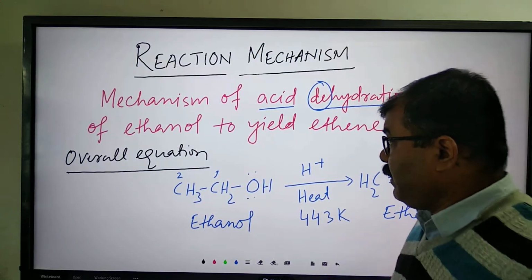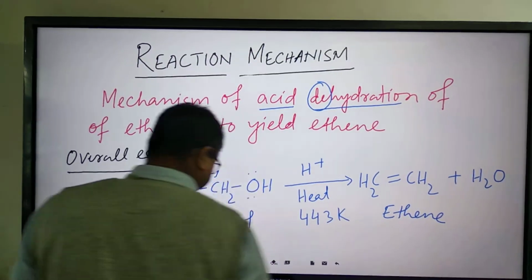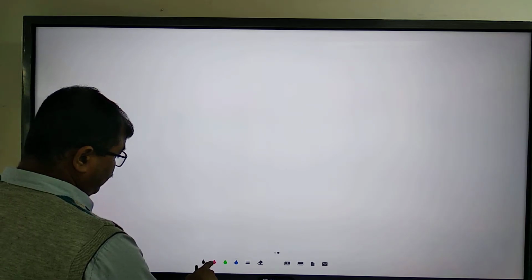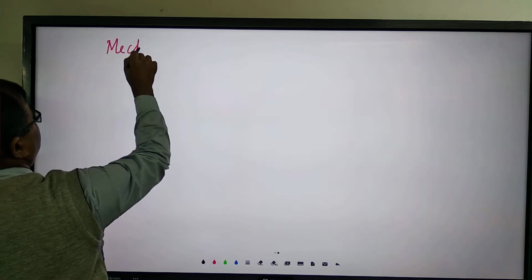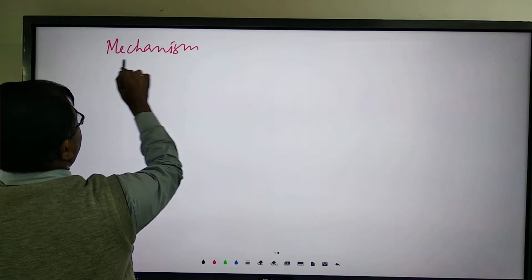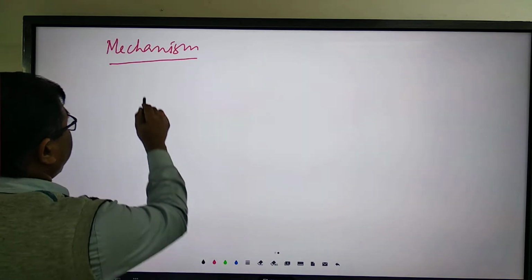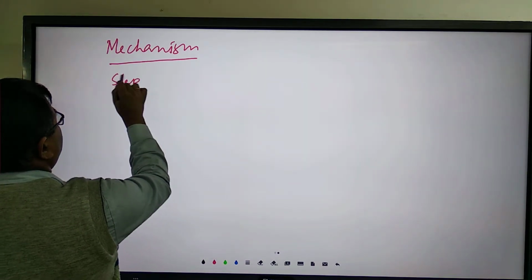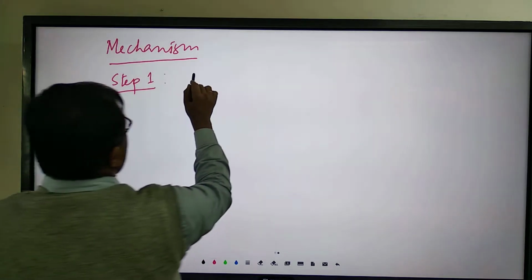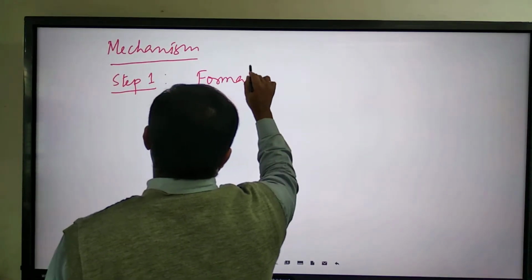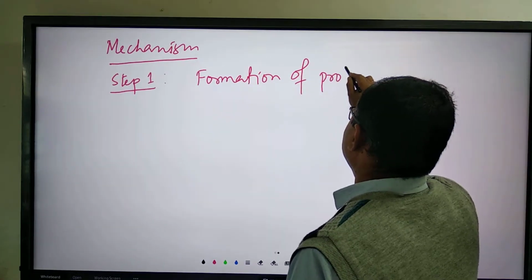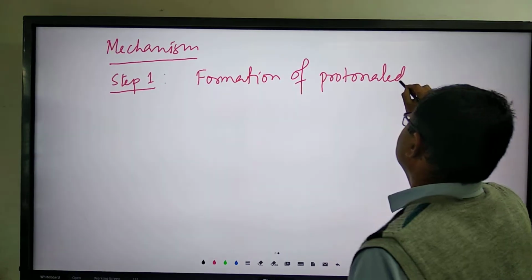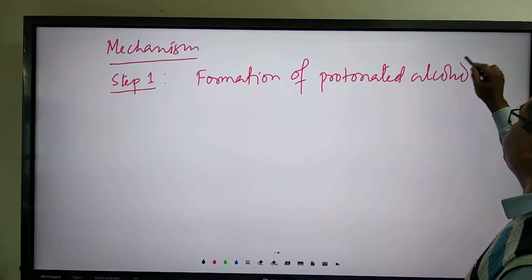Now we will discuss the mechanism of this particular reaction. Step 1 is formation of protonated alcohol.